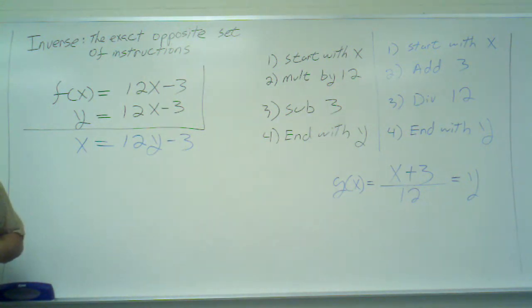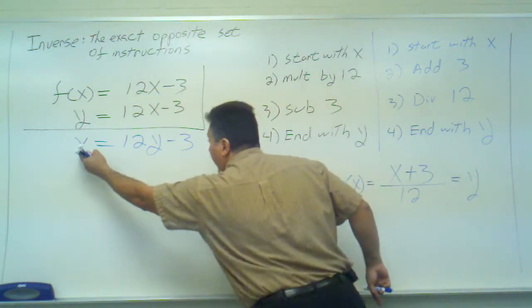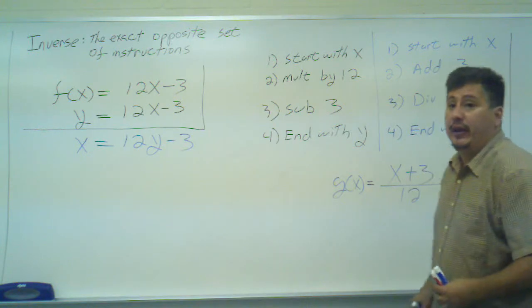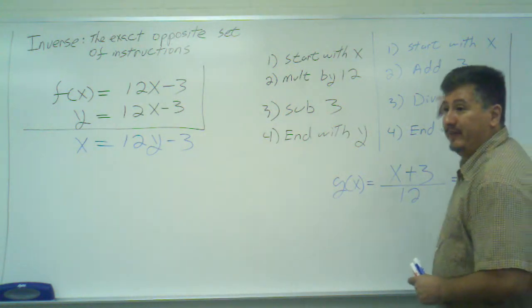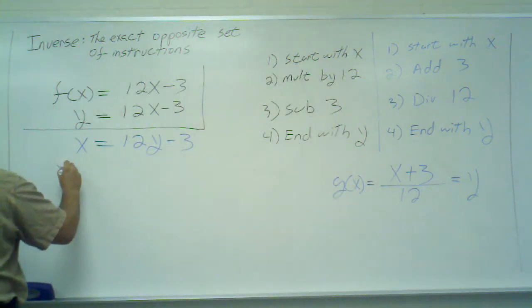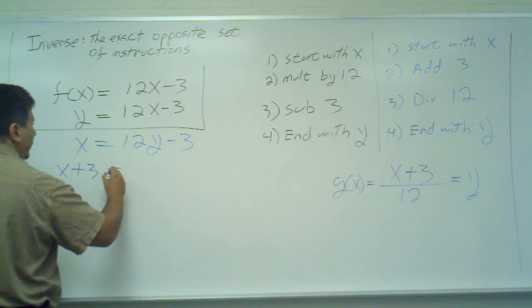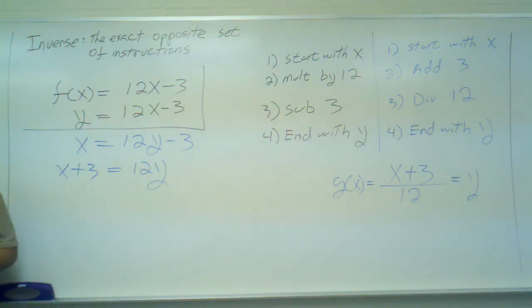Everyone good with that? So notice, over here, I'm starting on the left-hand side with an x, and I'm going to add 3 to it. To move this over, I need to add 3. Next thing I'm going to do is remove multiplication and division from y.